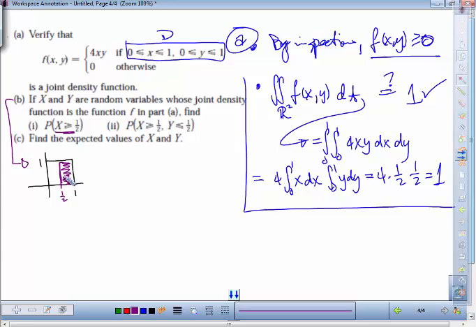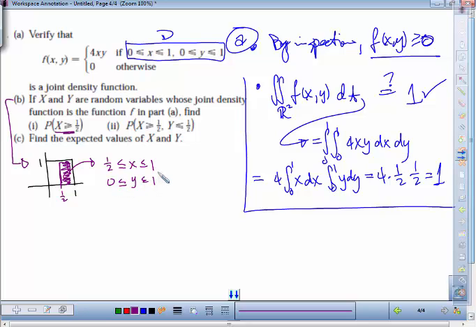Now we just trimmed down our domain from that square to a smaller rectangle over here. Then we can set up our integrals where our x goes from 1/2 to 1, and our y still goes from 0 to 1.